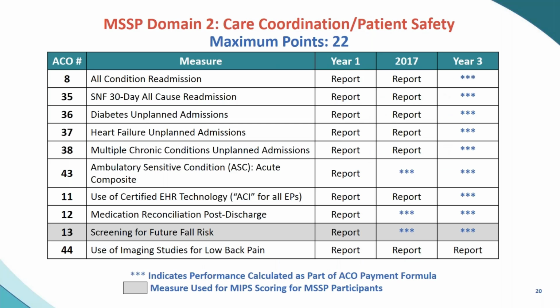The second area is the care coordination, patient safety. Most of these measures are the hospital-based measures on admission and readmission. But as you get down further on the list, this is actually where the meaningful use measure, what they used to call meaningful use, number 11, now called Uses Certified EHR Technology, appears.